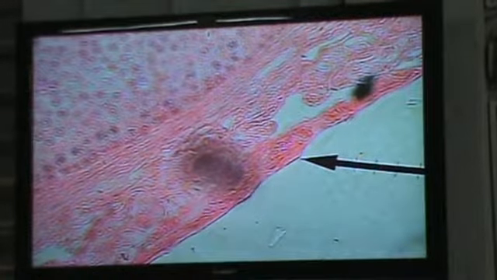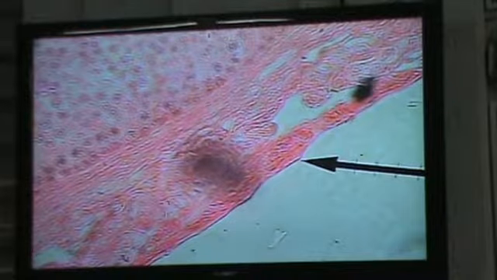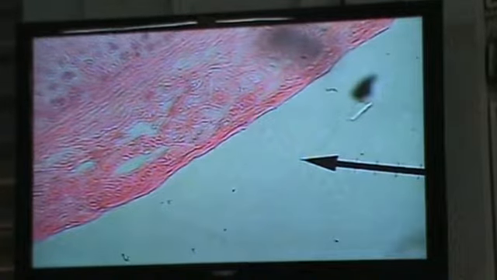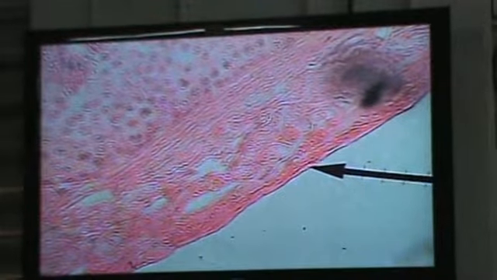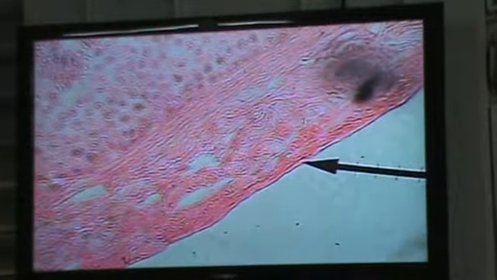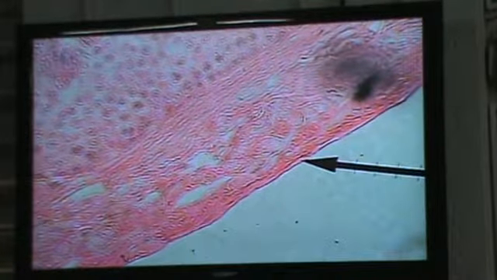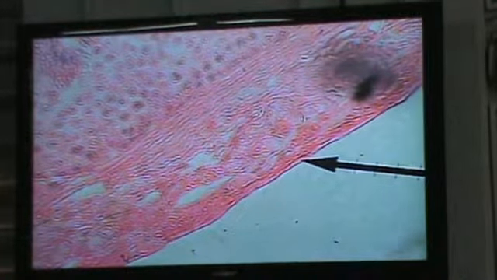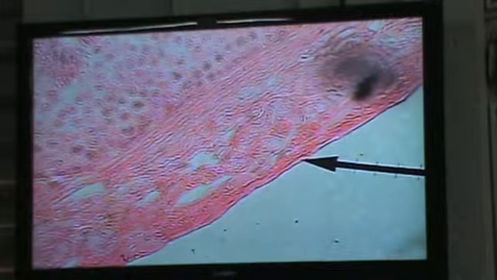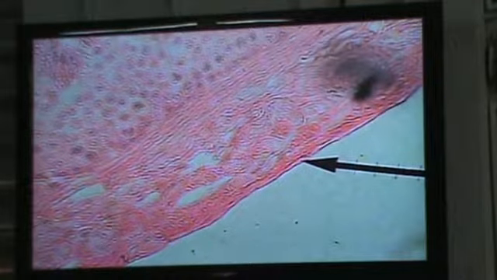These cells are very flattened, and that's a mesothelial lining. And that mesothelial lining that is superficial to the tunica albuginea is the visceral layer of the tunica vaginalis.